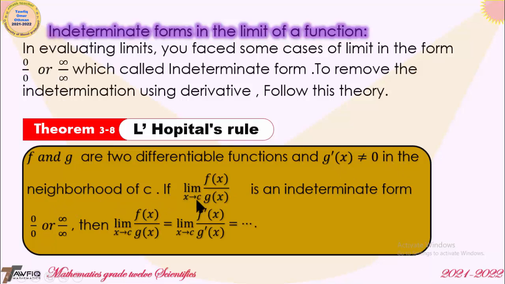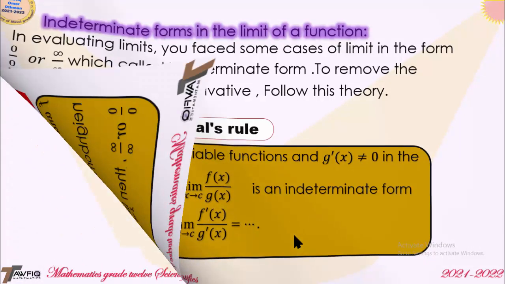If the limit as x approaches c of f(x) over g(x) is an indeterminate form, 0 over 0 or infinity over infinity, then the limit as x approaches c of f(x) over g(x) is equal to the limit as x approaches c of the derivative of f(x) over the derivative of g(x). We can repeat this rule more than one time.